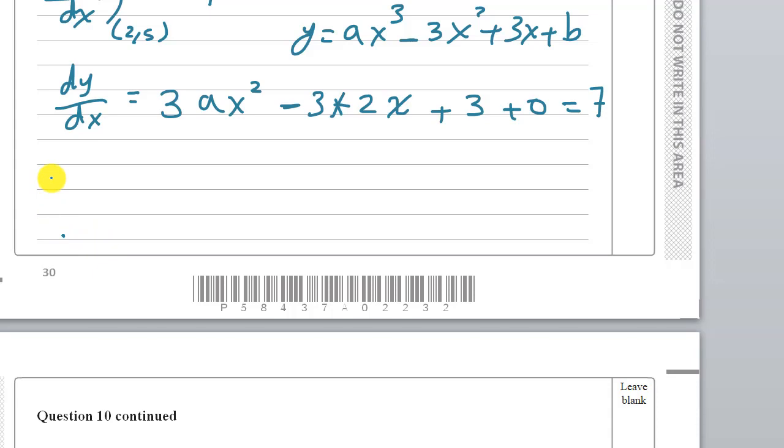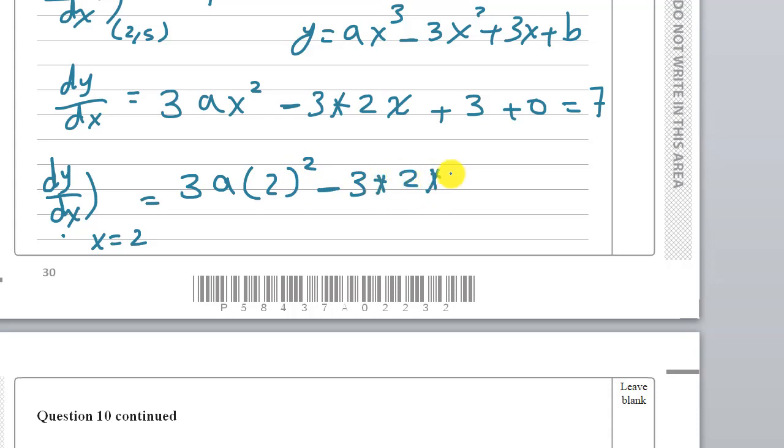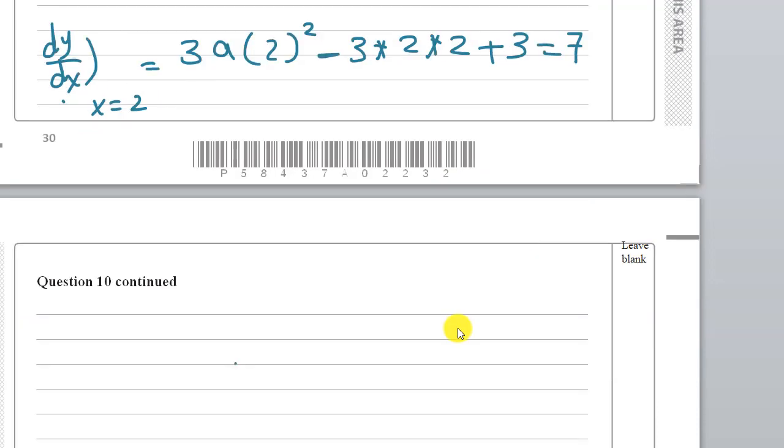So dy by dx at x equal to 2 is equal to 3a 2 power 2 minus 3 multiplied by 2 plus 3 equal to 7. So 3 multiplied by 4a minus 3 multiplied by 4, 12, plus 3 equal to 7.